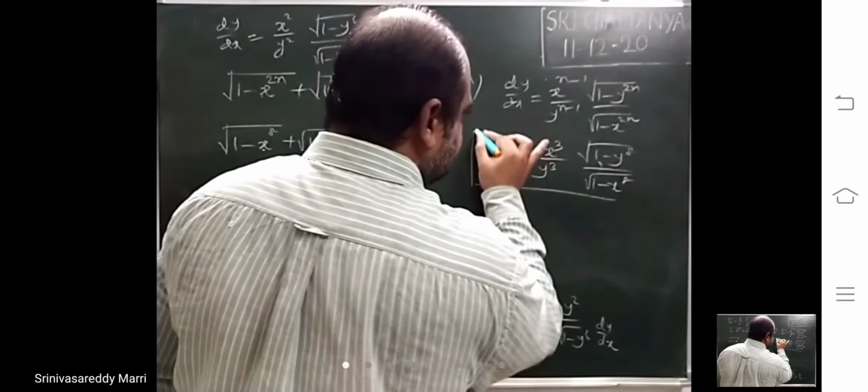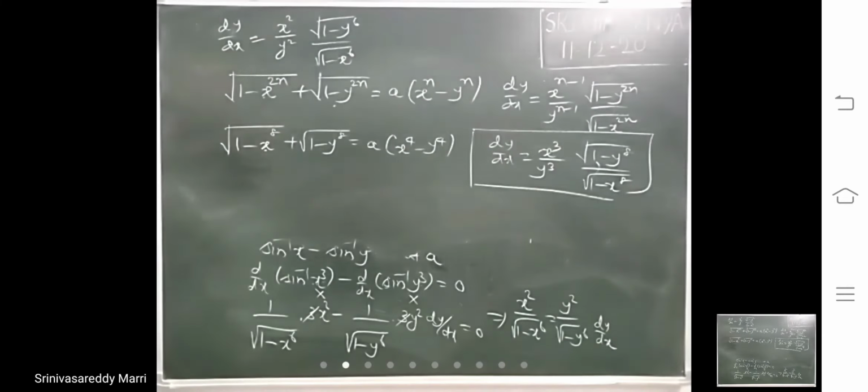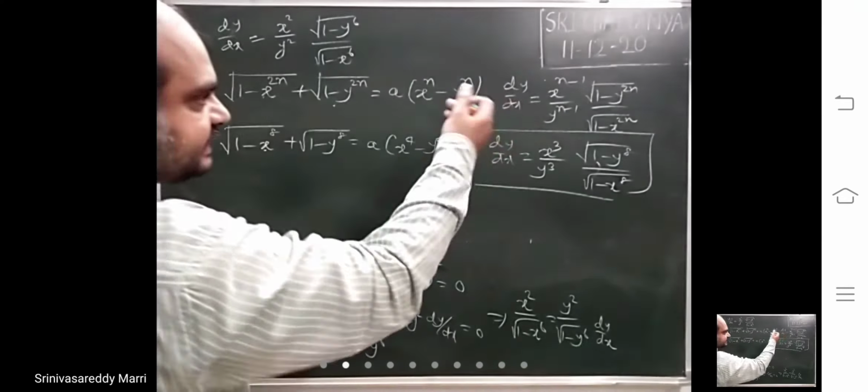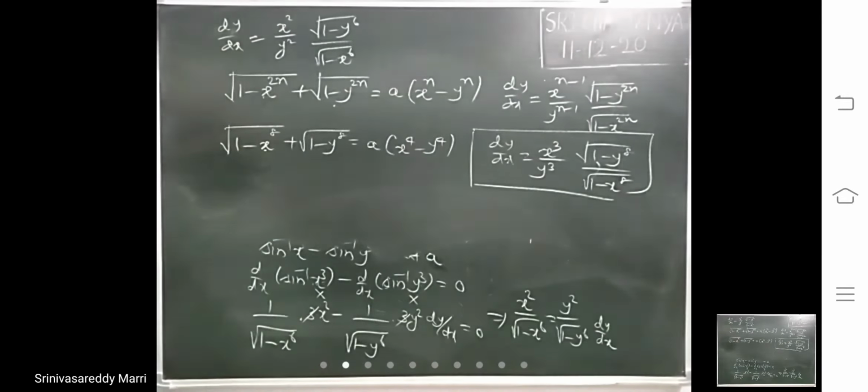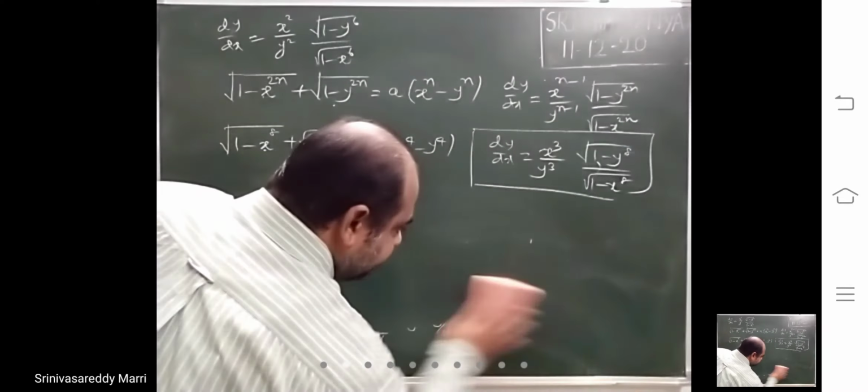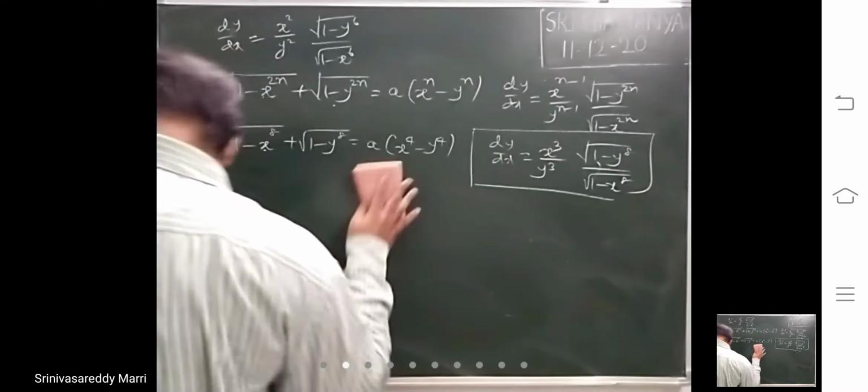Directly you will get the answer. You can save time. The method is what we have done here. If any similar problem other than this comes, you do this logic by taking a substitution. Very important problem this is. Next.